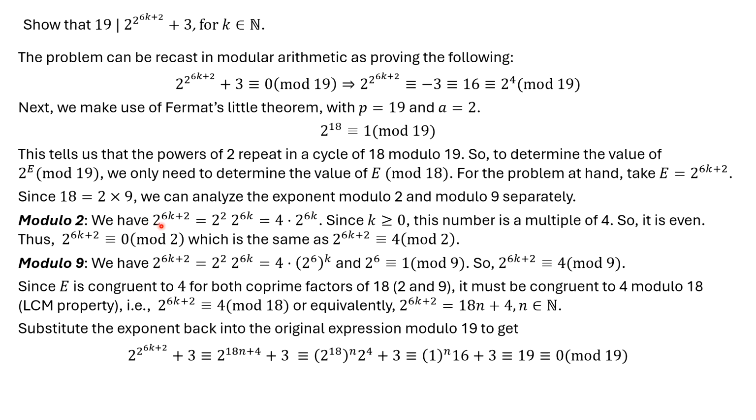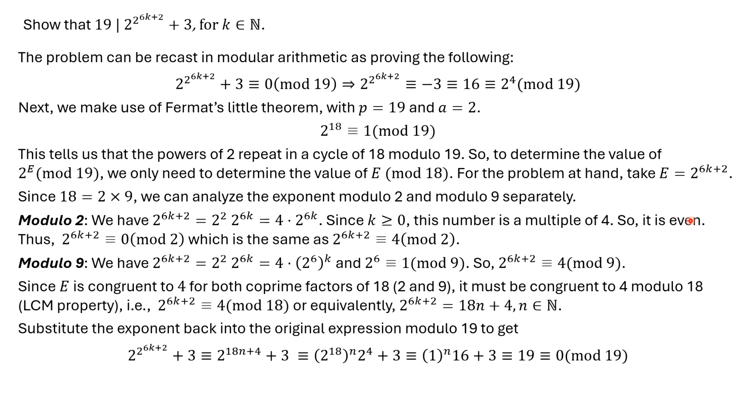So first we look at 2 to the 6k plus 2 mod 2. This is equal to 4 times 2 to the 6k. And since k is greater than or equal to 0, this number is a multiple of 4.